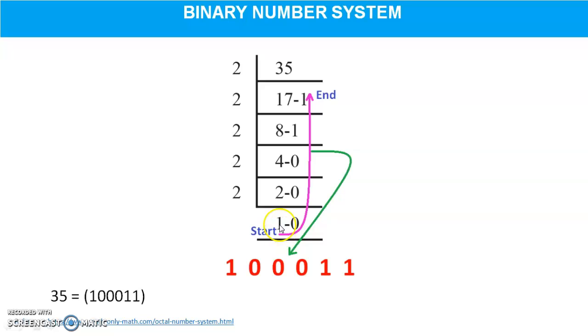And 1 divided by 2 gives remainder 1. So from this last bit we start writing again, from start to end: 1 0 0 0 1 1 is the binary of the number 35.